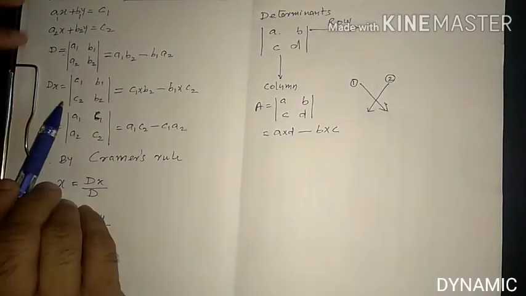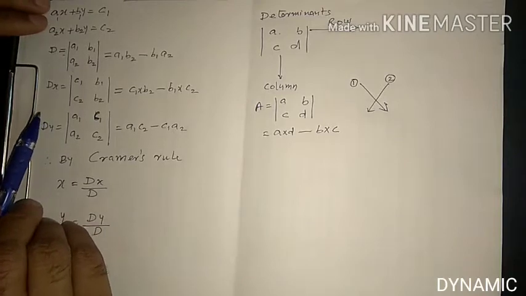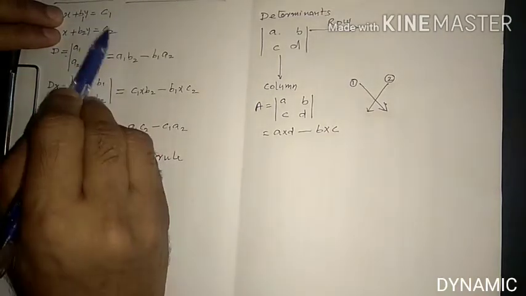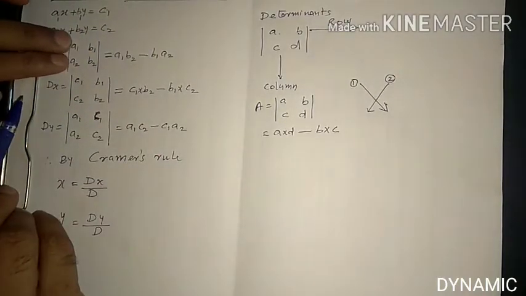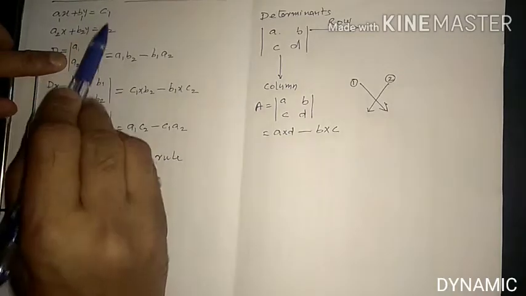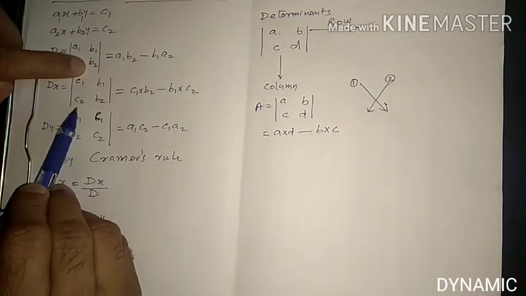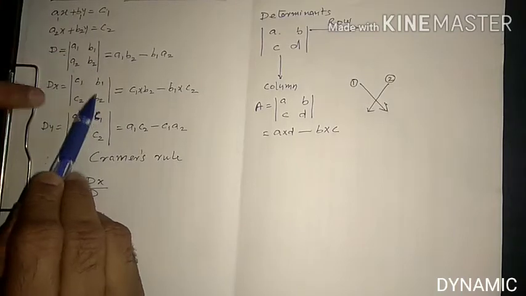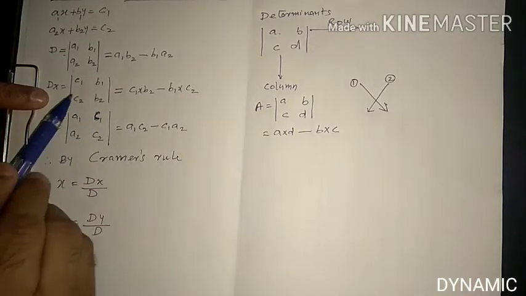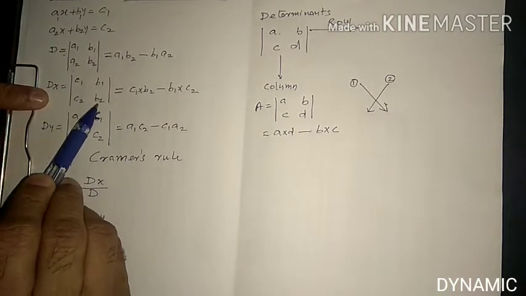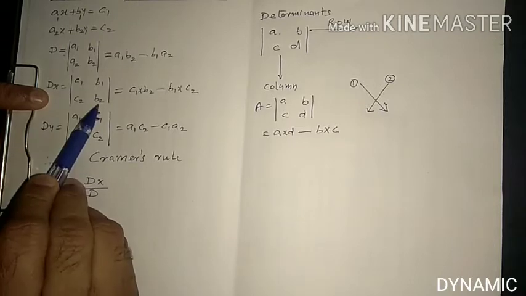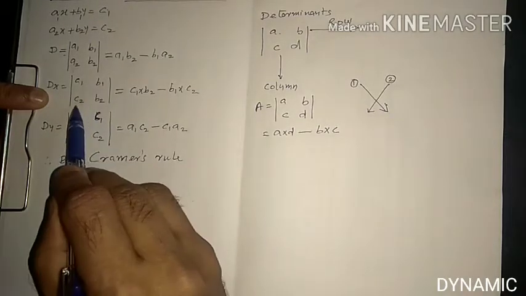Now Dx means in the place of x coefficients, we keep the right hand side constants c1, c2. The b1, b2 as it is, y coefficients as it is. Then expanding: c1 into b2 minus b1 into c2.